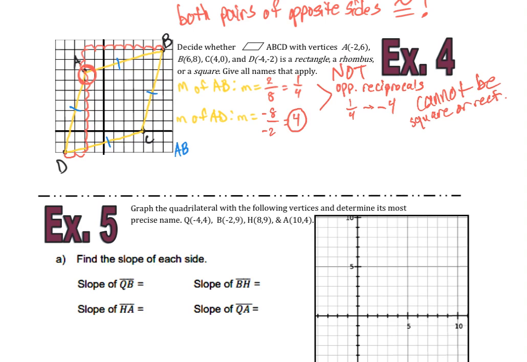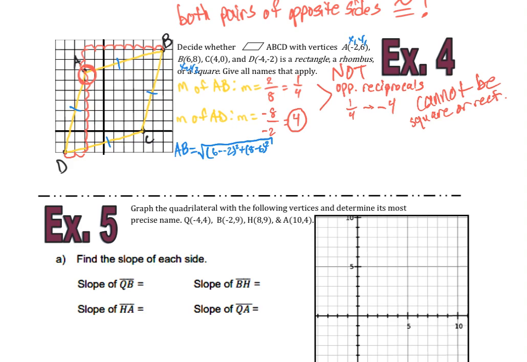So let's look at AB first. AB, distance formula here. Let's look at my points up here, right? So this would be my x1, y1, and B would be my x2, y2. So if I plug that into the formula, we get 6 minus -2, don't forget the squared, plus 8 minus 6, don't forget the squared.